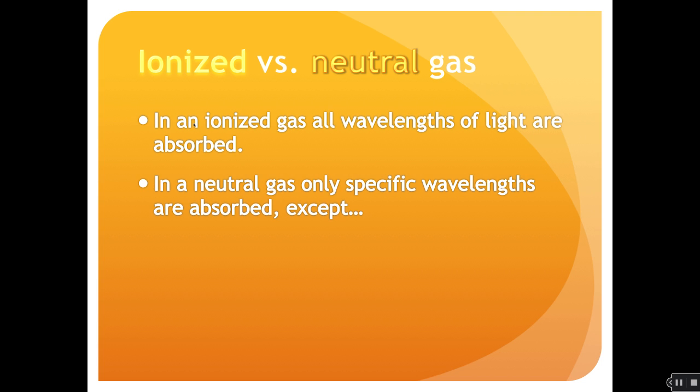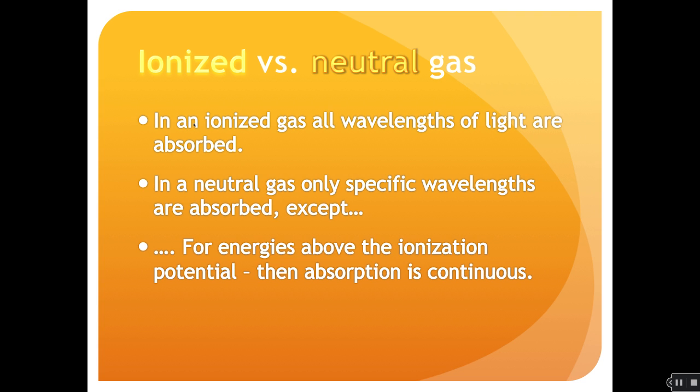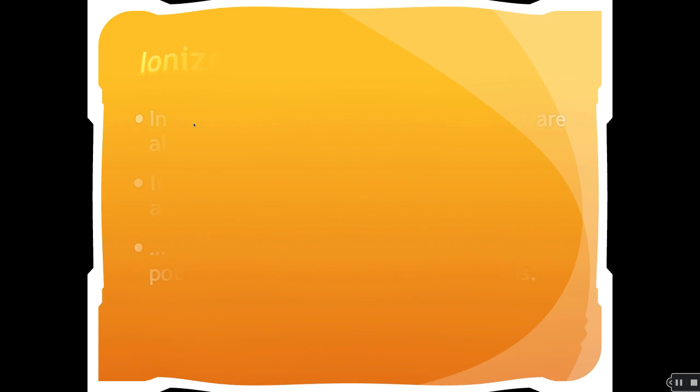If it's a neutral gas, it can become very transparent because it can only absorb certain wavelengths, except for the stuff above its ionization. If you have an ionization potential, below that, it can only absorb the photons that are for the transitions within the atom. But above ionization, it can absorb everything. Okay.